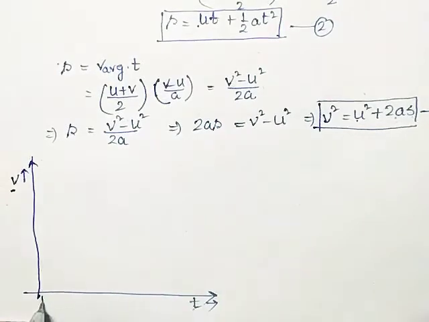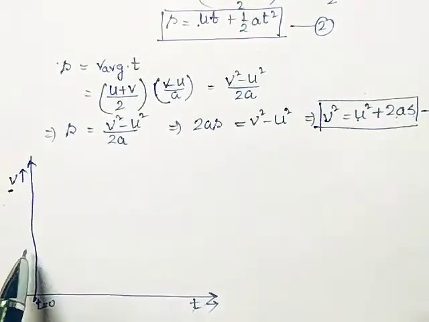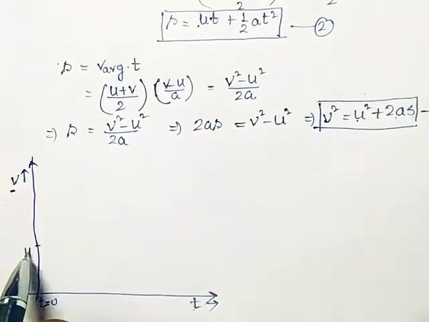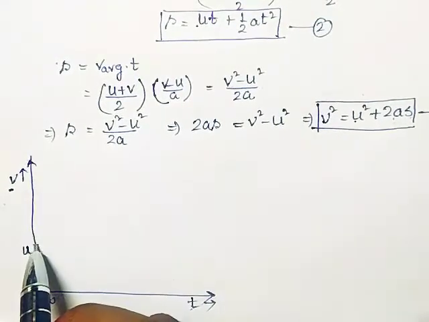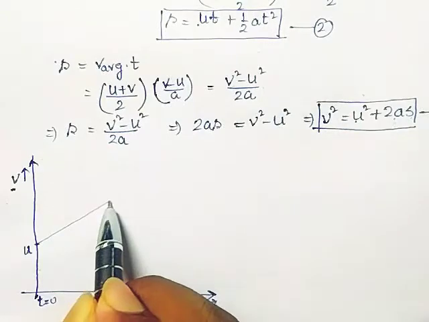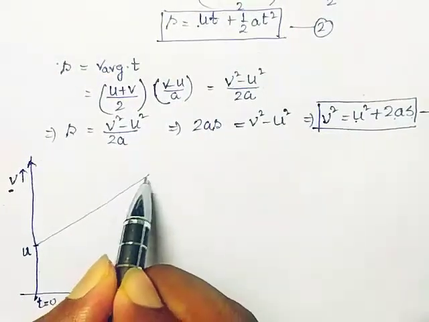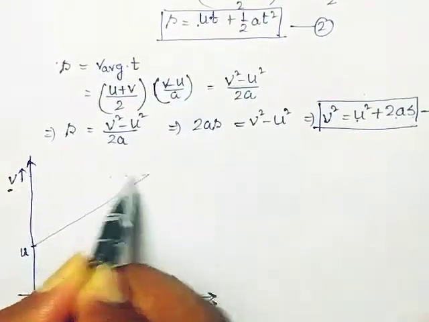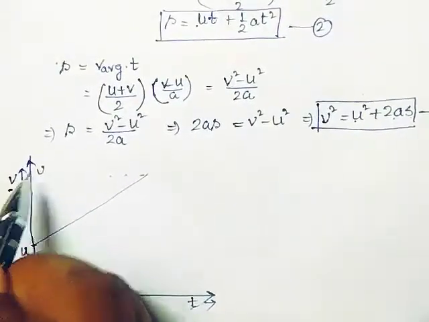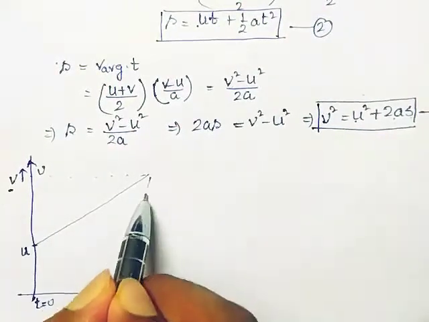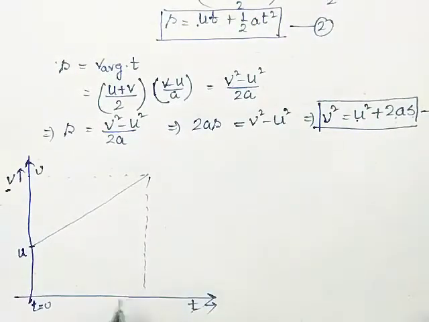If I consider at time t = 0, the velocity is u. The velocity is not 0, the velocity is u. And after that, the particle is moving with constant acceleration and it reaches the velocity v after a time t.